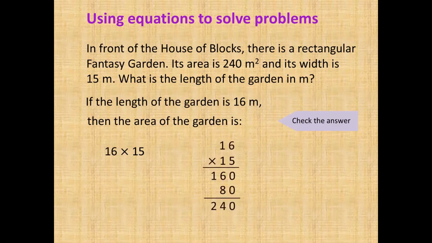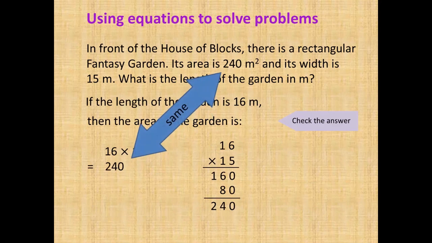After doing the calculation, you will find out that the answer equals 240, and it is the same as the question given. So it means that our answer is correct. So that means the length of the garden is 16 meters.